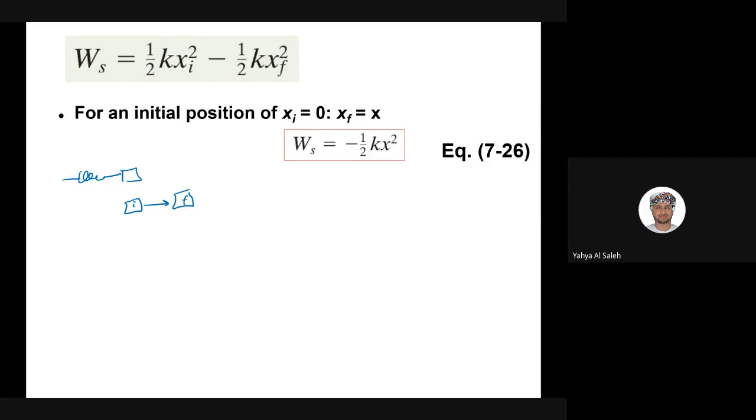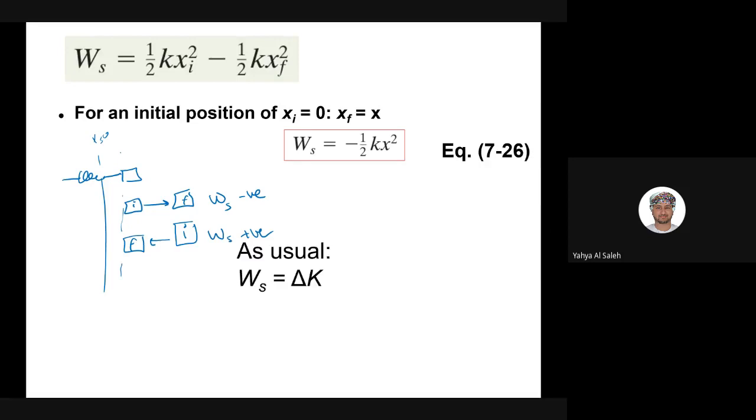Well, it will be negative. It's not happy, right? You're going further away. So work is negative. However, if I start here and I go closer to the 0 point, this is x equals 0, then my spring is happy, and that is something positive.